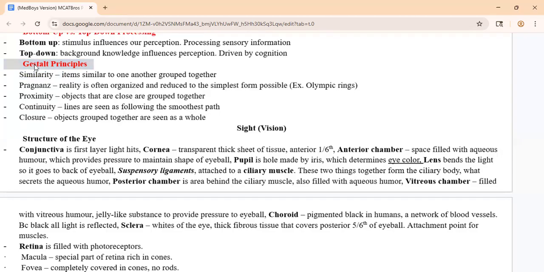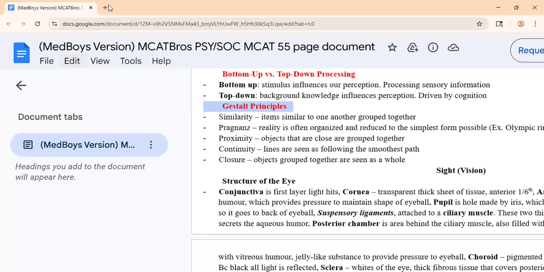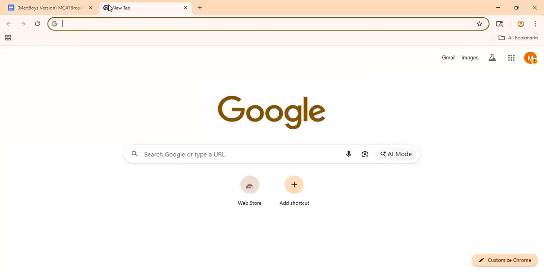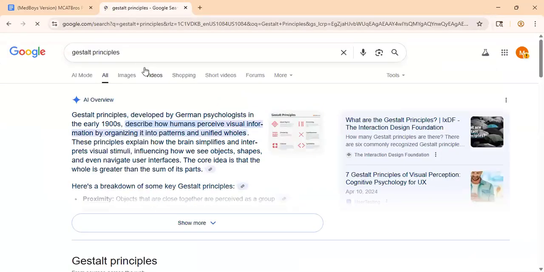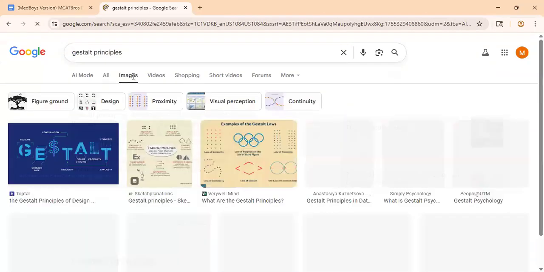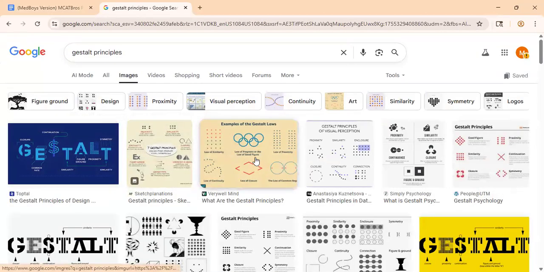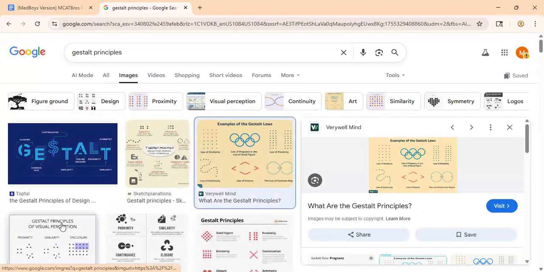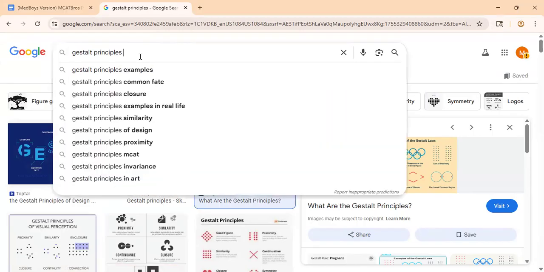So I'm going to show some pictures. As we could see, let's do MCAT.